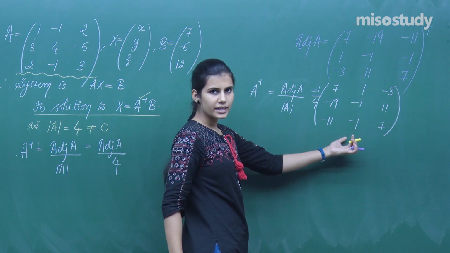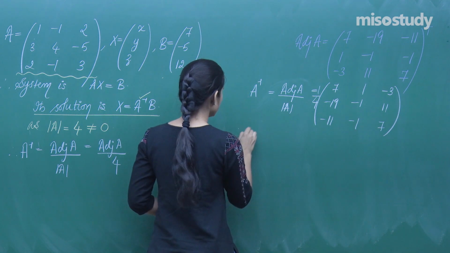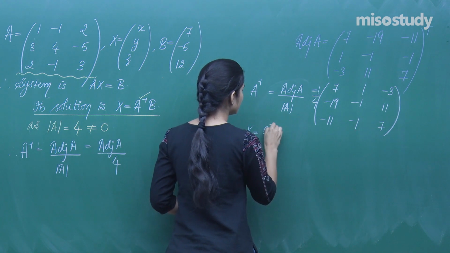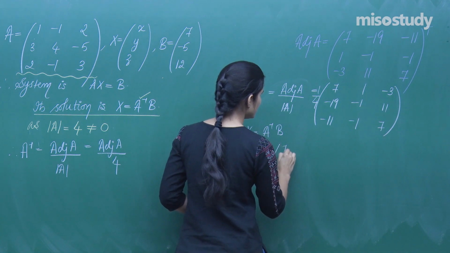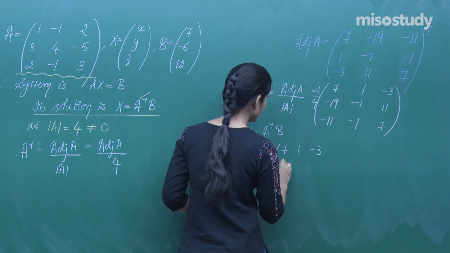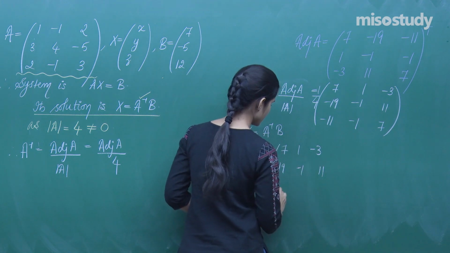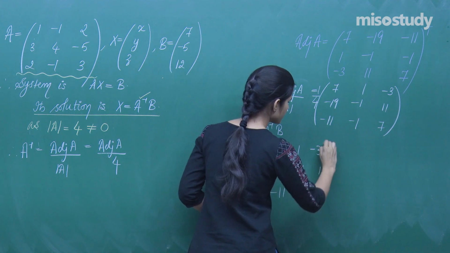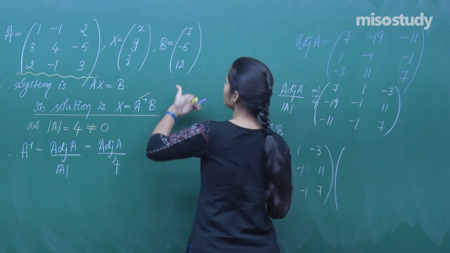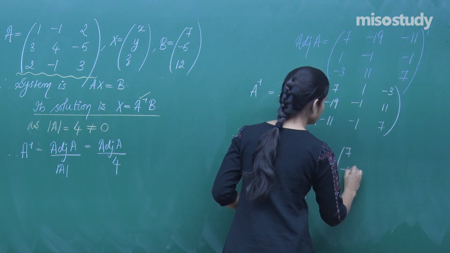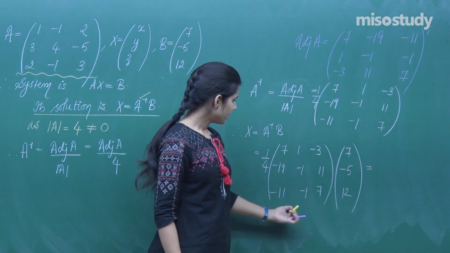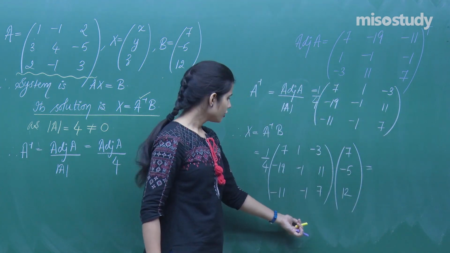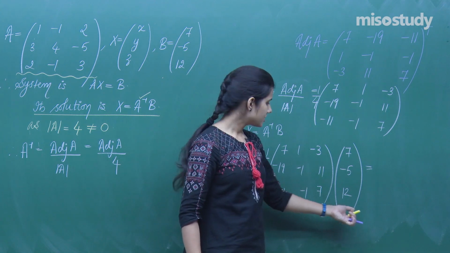So you have got your A inverse matrix, and so the solution is A inverse B. This is 1 by 4, 7, 1, minus 3; minus 19, minus 1, 11; minus 11, minus 1, 7, and B is equal to 7, minus 5, 12. When you multiply these two matrices, you know this is 3 cross 3 and this is 3 cross 1.